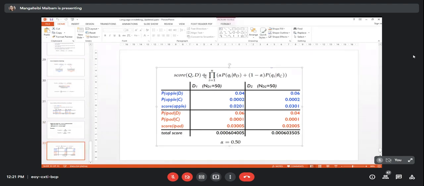Now you can see the formula for finding the score: probability of apple in the document, and probability of apple in the entire collection.